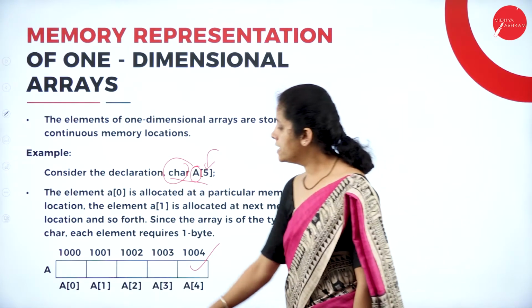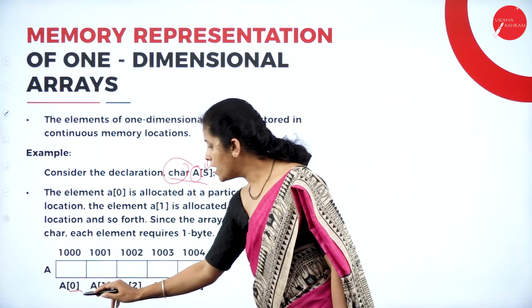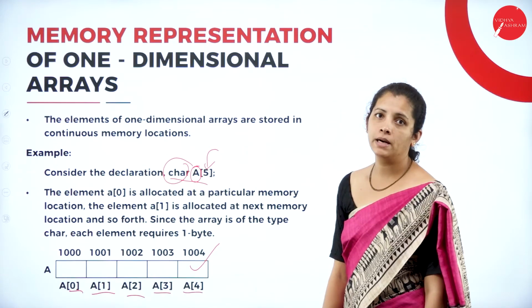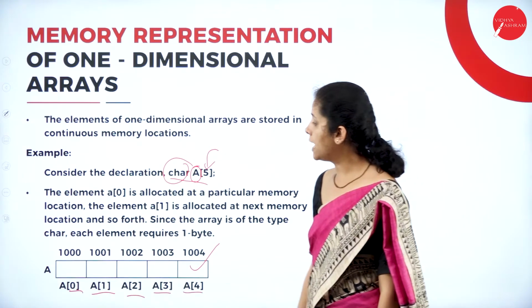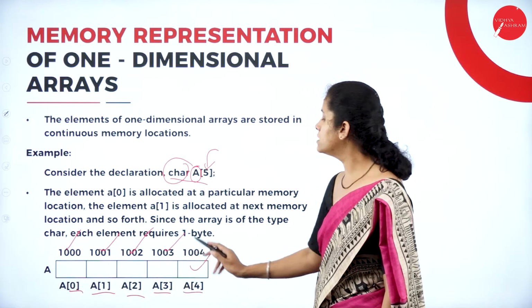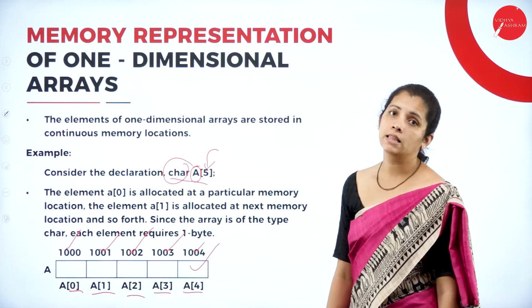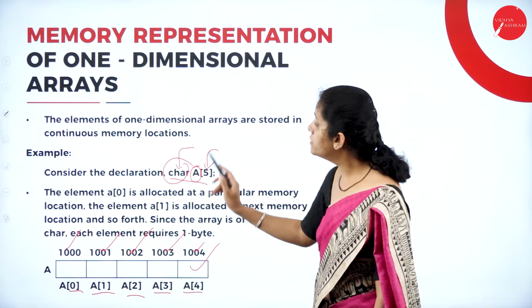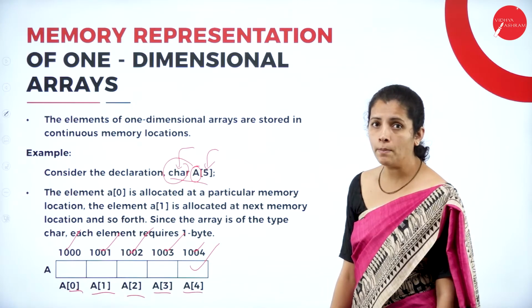Now see here, A of 0, A of 1, A of 2, A of 3 and A of 4 are nothing but my index, as well as this 1000, 1001, 1002, 1003, 1004, these are nothing but the addresses, because the size of the character is 1 byte.